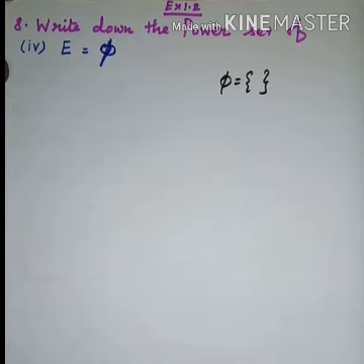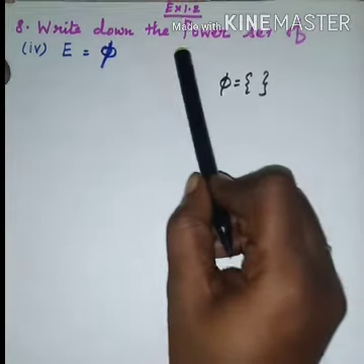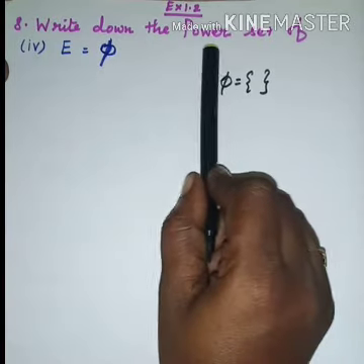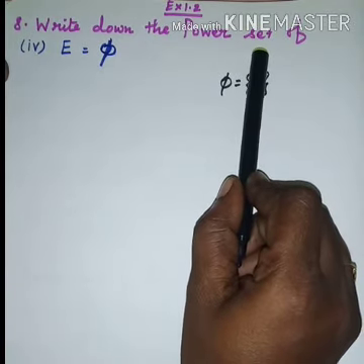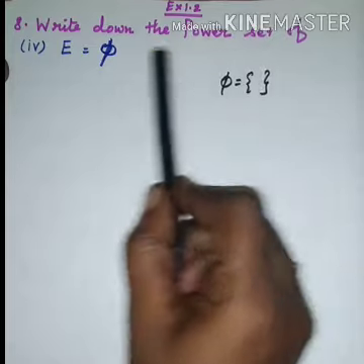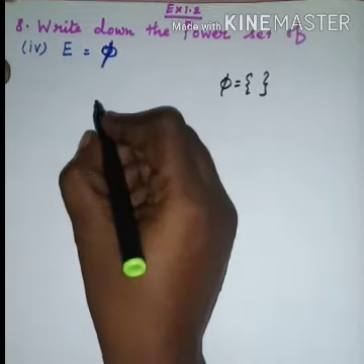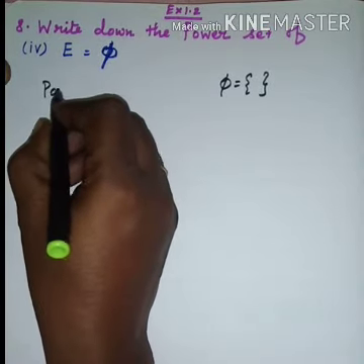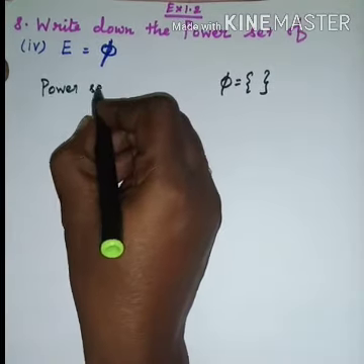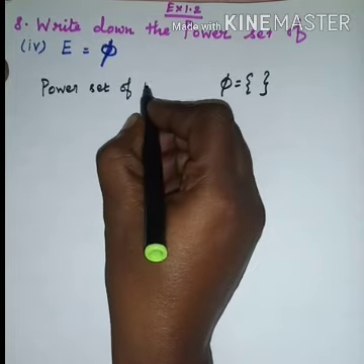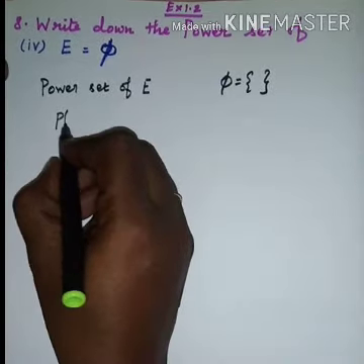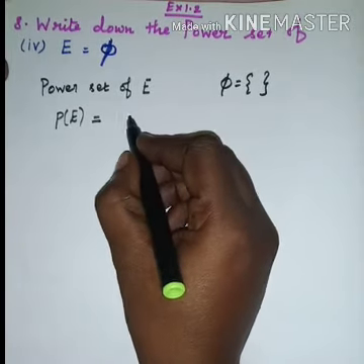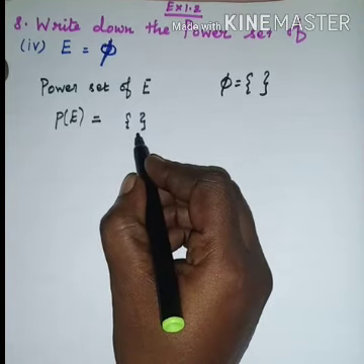So we have to write the power set of the empty set φ. Power set is nothing but the set of all subsets. So for subsets, first we have to write the empty set. So the power set of E, that is P of E, is equal to the empty set.